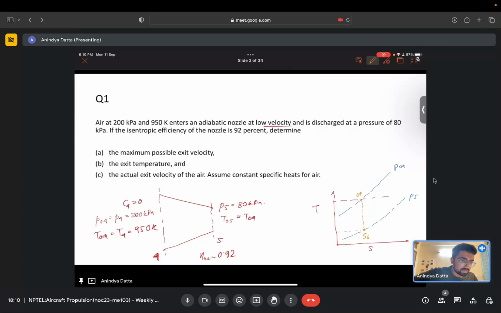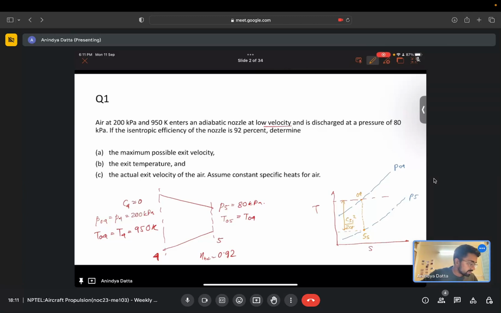T04 will also be equal to T05, and this is our C5s square by 2cp, the velocity equivalent, or the dynamic component, of our total temperature.